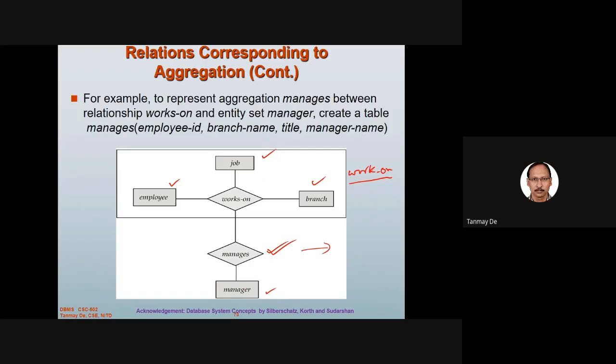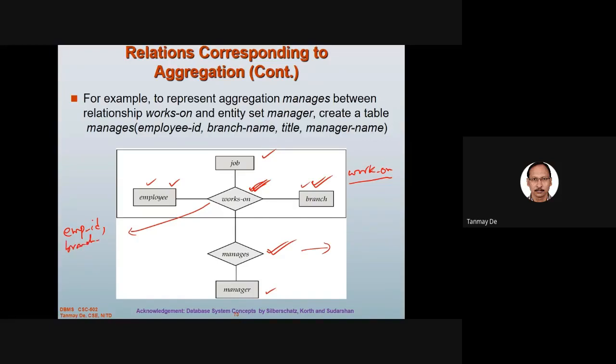That is actually the primary key of the work on relationship. What is the primary key of the work on relationship? The primary key of employee, primary key of branch. If we consider employee ID, if employee ID is not there, only employee name acts as a primary key, then we can write employee name here. Okay, say employee ID, and in case of branch, what is branch name?